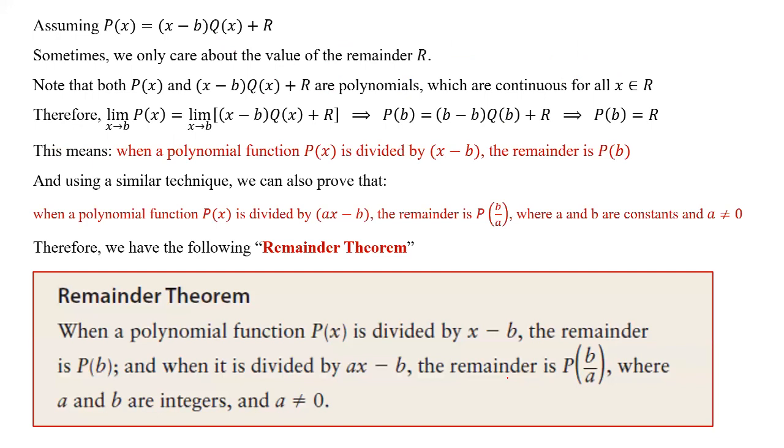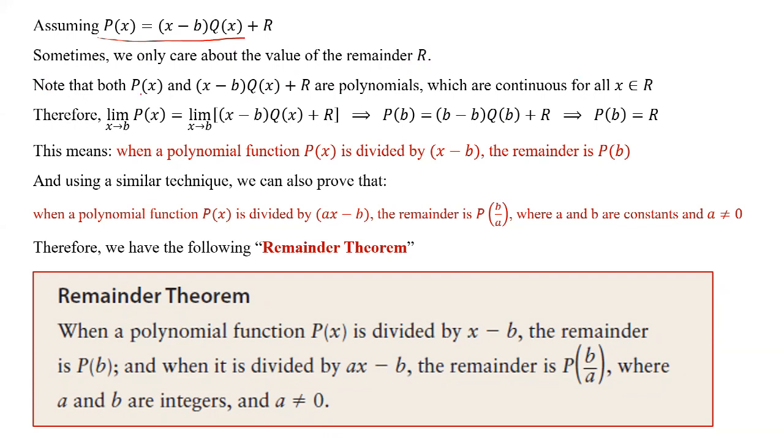Okay, so assuming p(x) can be expressed by the product of quotient and the divisor plus the remainder. Sometimes we only care about the value of the remainder r. If r is 0, apparently p(x) is divisible by x minus b, right?